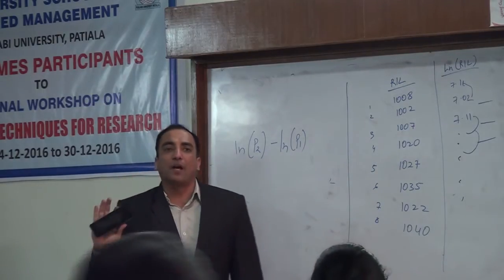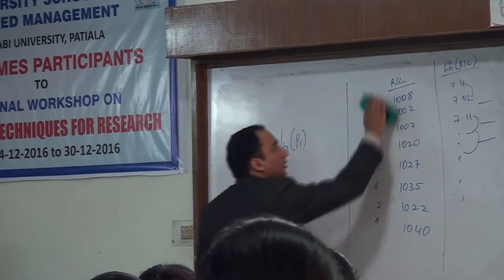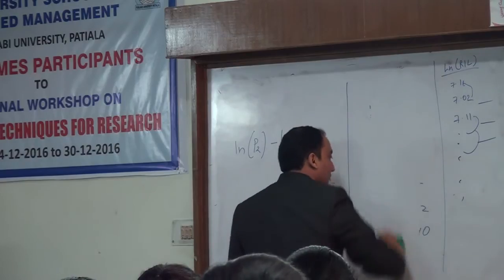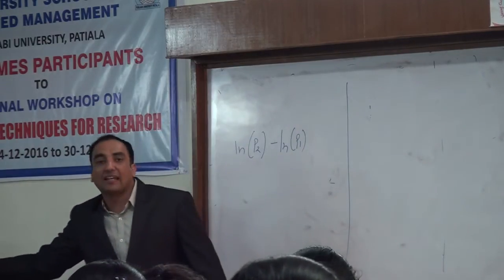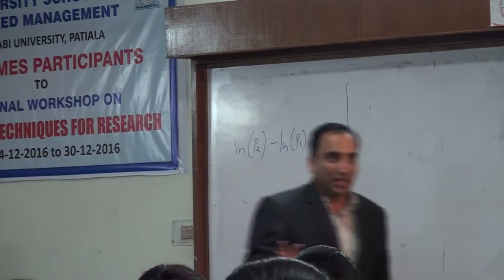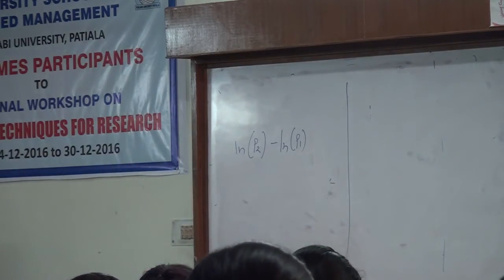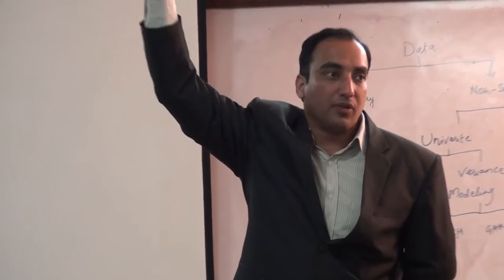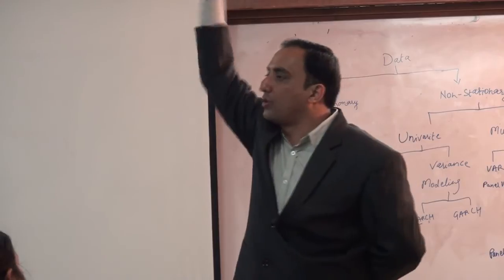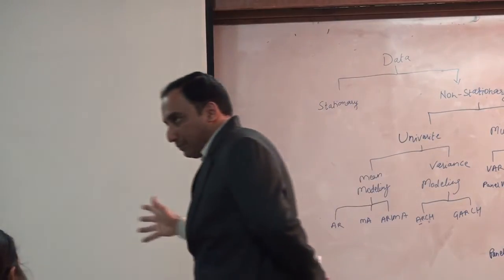Suppose I am having the assets of different companies, right? There are some companies whose assets are very big: 1,000 crore, 2,000 crore, 10,000 crore, 5,000 crore.